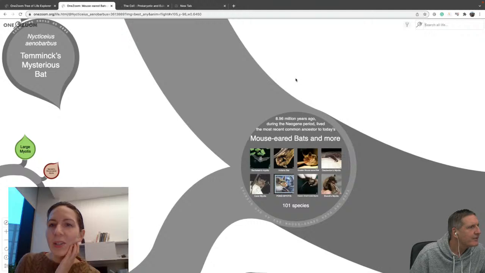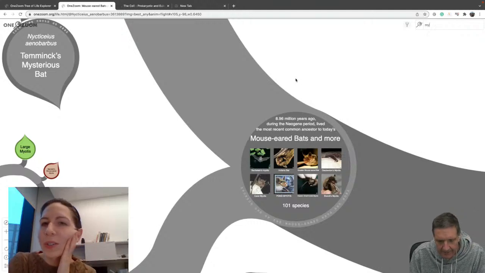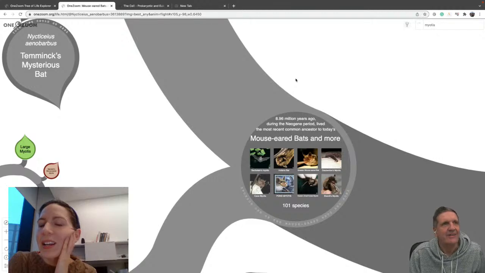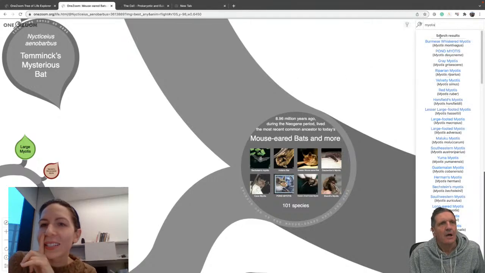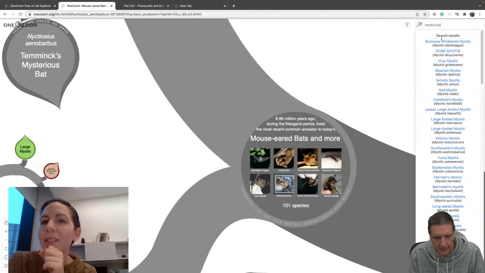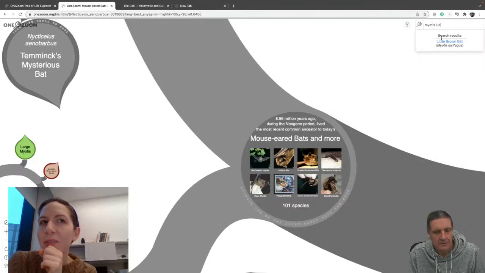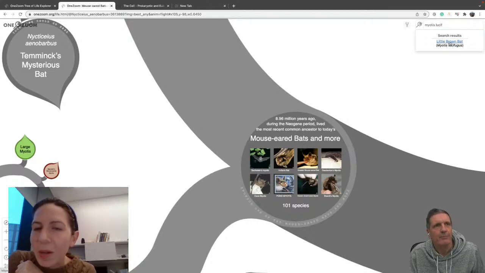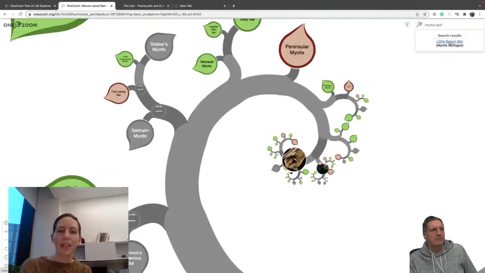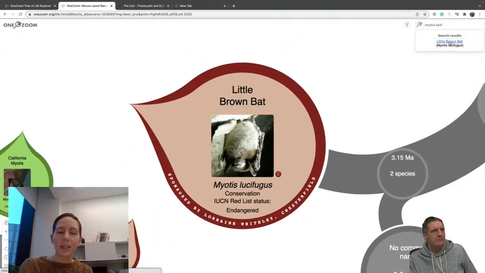MYOTIS, I got that. Then a space, and then LUCIF. Oh, there it is. The little brown bat. I got it. Let's zoom into that.